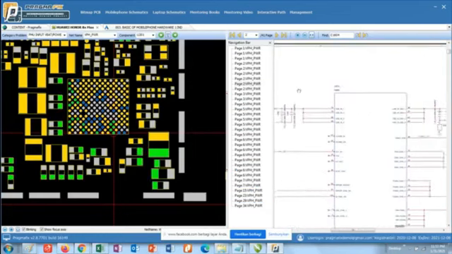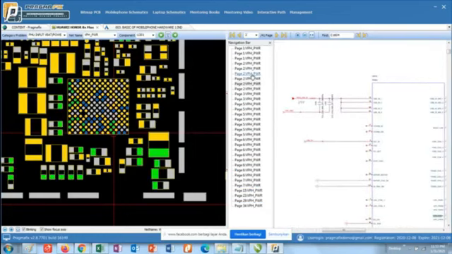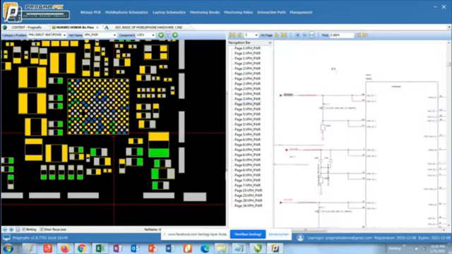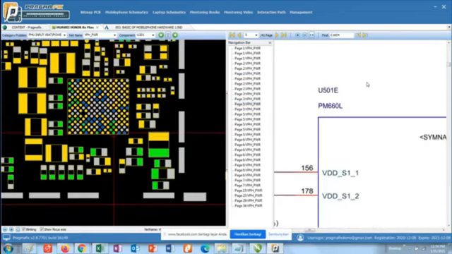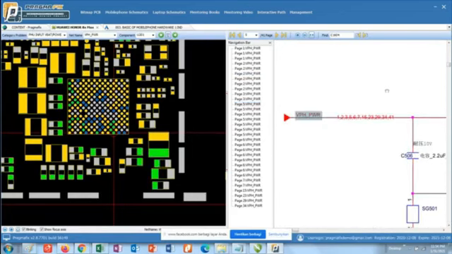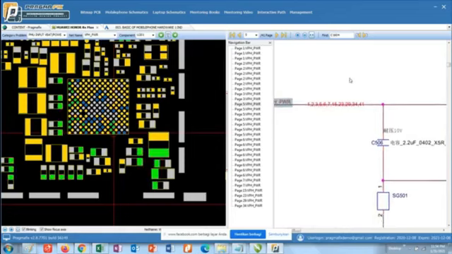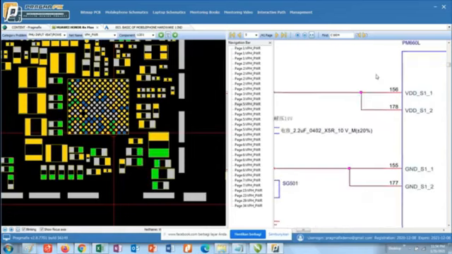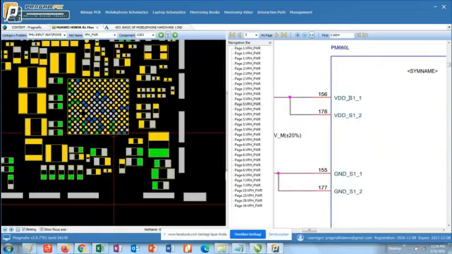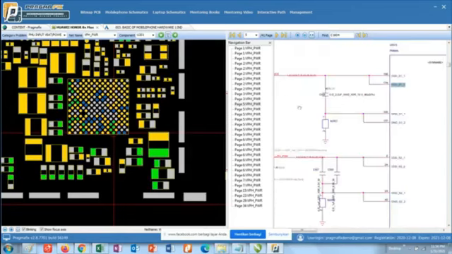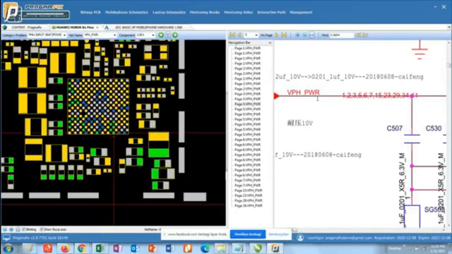This can be shown well. Okay, the U201 and the U501. If we are absent in the schematic, we can also trace the VPH PWR from U201, so it becomes V-point power.